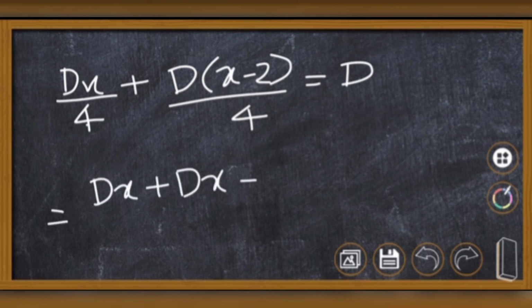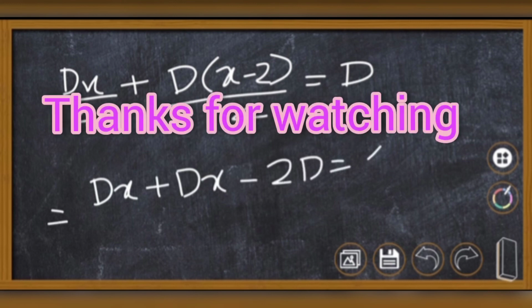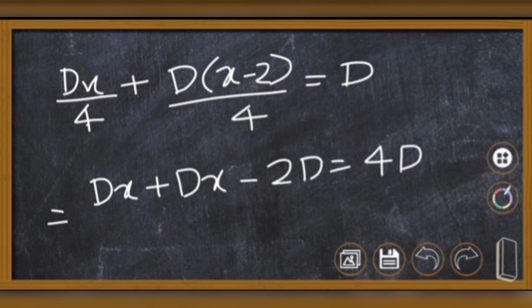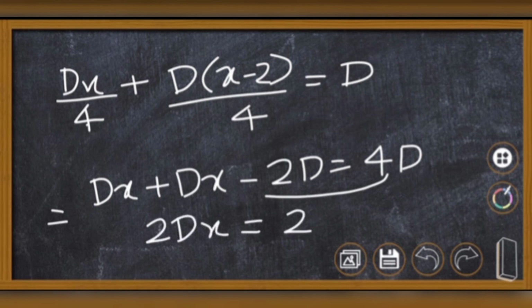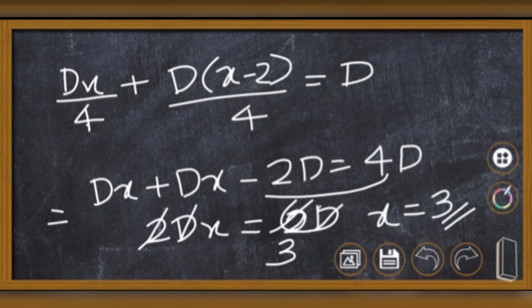That is dx plus dx minus 2d is equal to 4d, so 2dx is equal to 4d plus 2d, that is 6d. So d and d get cancelled, 2 and 6 get cancelled by 2, so x is equal to 3.